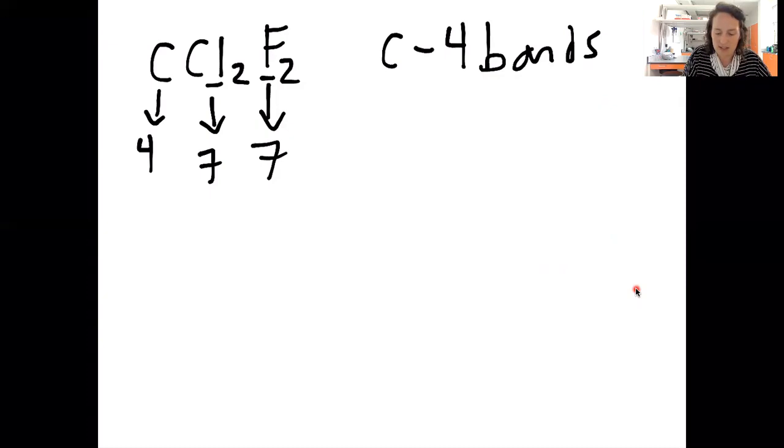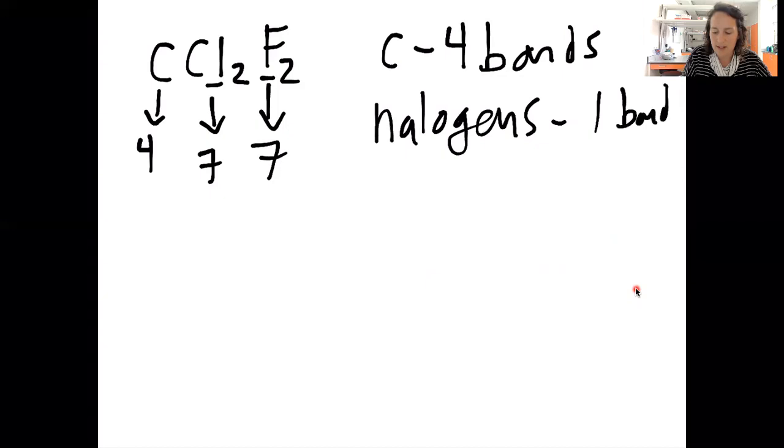And the halogens will make 1 bond and have 3 lone pairs. You won't see a halogen with 2 bonds. So halogens, in a sense, are almost like hydrogen because they only make 1 bond. The big difference, obviously, is that halogens have 3 lone pairs and hydrogens have no lone pairs.